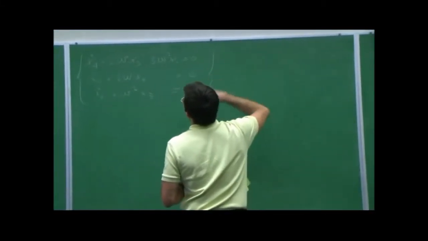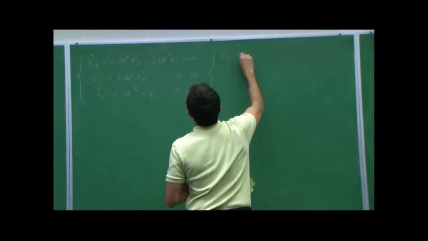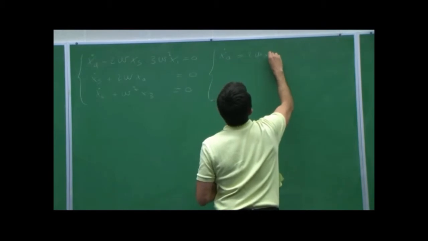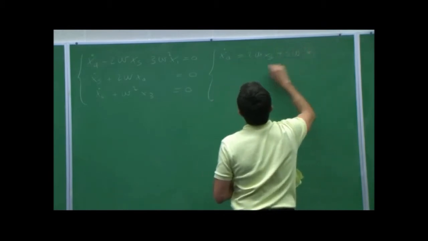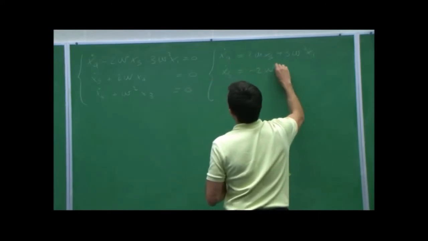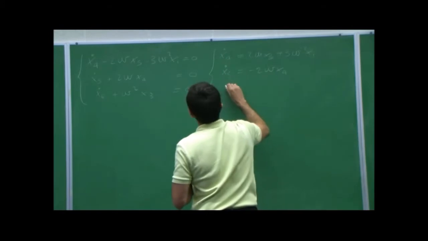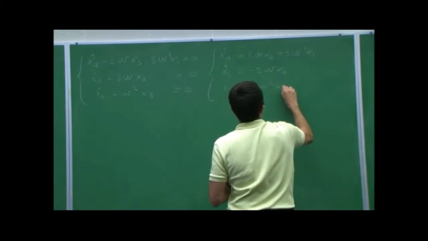So that's the first step. And then the second one is, you just move everything that is not a time derivative to the right. Very simple. x4 dot is equal to 2 omega x5 plus 3 omega squared x1. x5 dot is minus 2 omega x4. And x6 dot is minus omega squared x3.